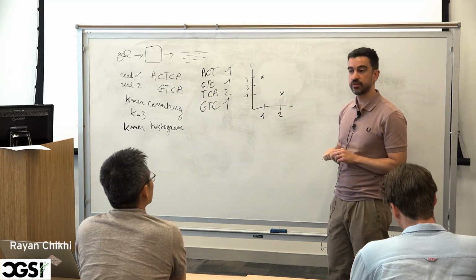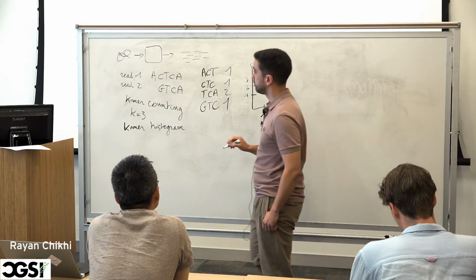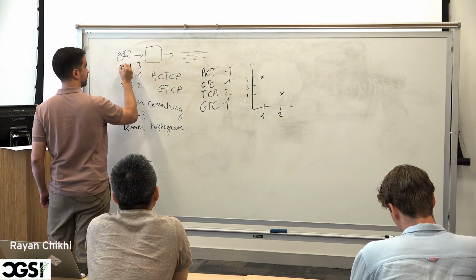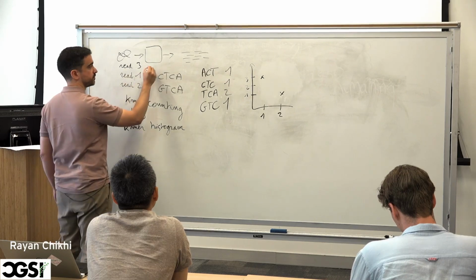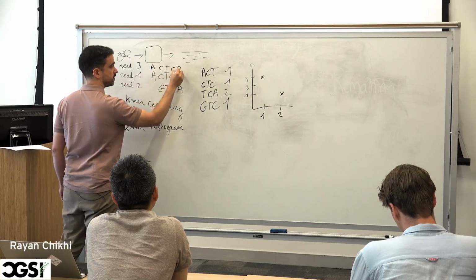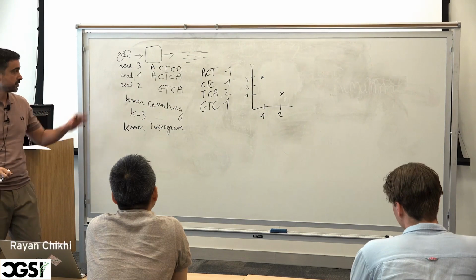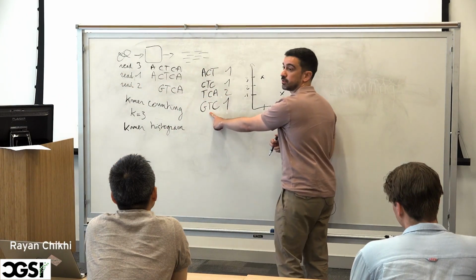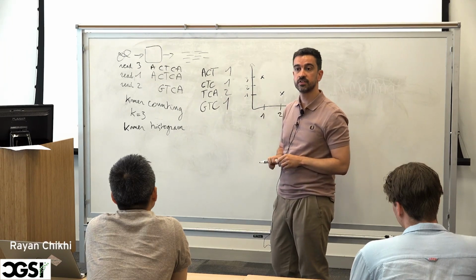Let's make it slightly more interesting, and assume that you have a third read that is strictly identical to the first one. How does this table, how does everything change? The set of K-mers stays exactly the same, right?